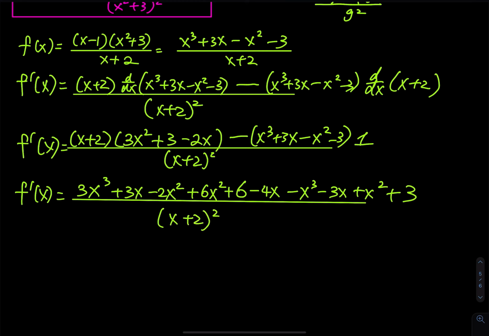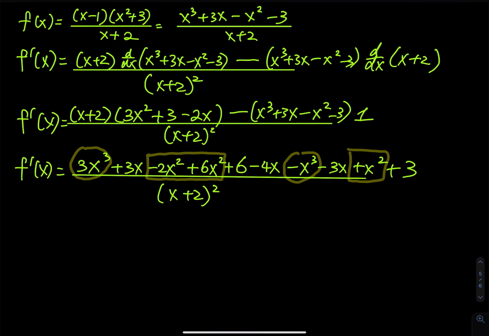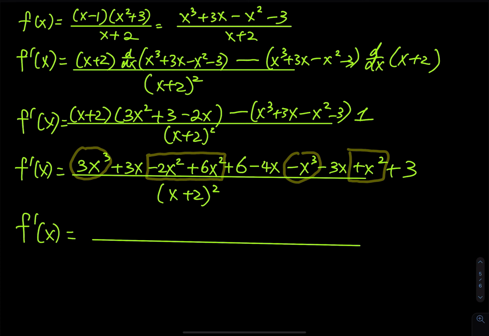And then you combine the like terms. Okay, highest power, the third power. So I have a third power. And then where is the second power? So this is the second power, and this is the second power. Let's handle these two first. F prime of x: we have 3 minus 1, that is equal to 2, 2x to the third.